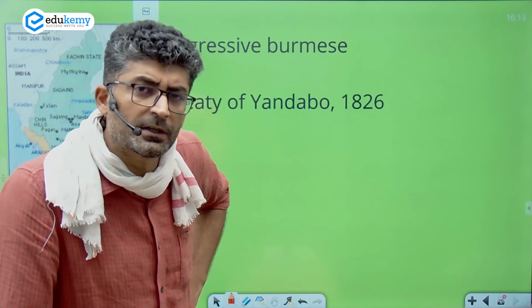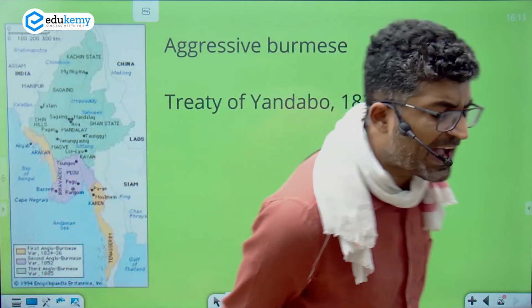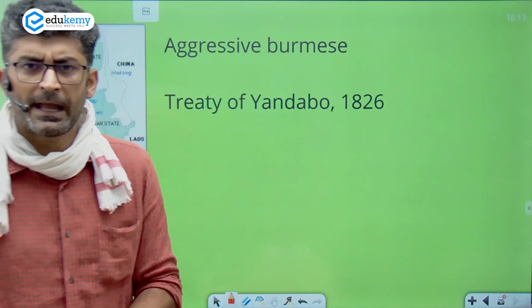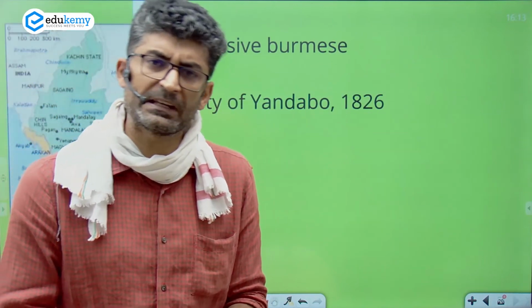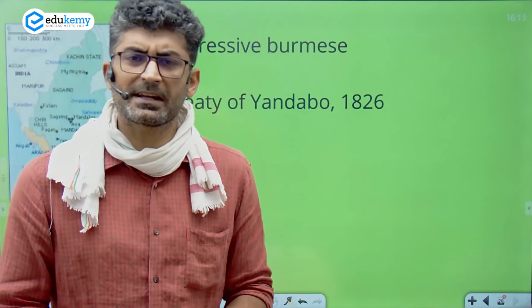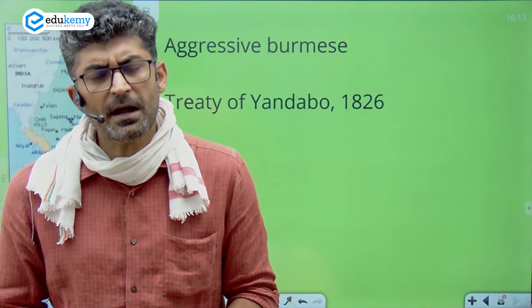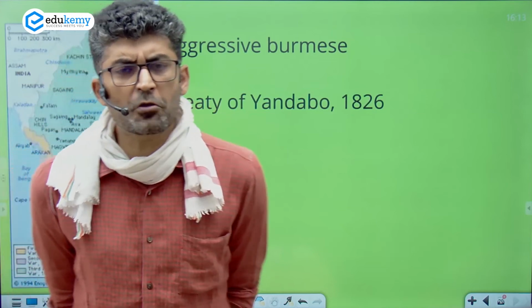They captured the Assam region, and then the entire Anglo-Burmese war, the first war, took place, and the Treaty of Yandabo was signed between the EIC and the Burmese Empire, and Assam came under the control of the East India Company. The entire Brahmaputra Valley came under its control, right?